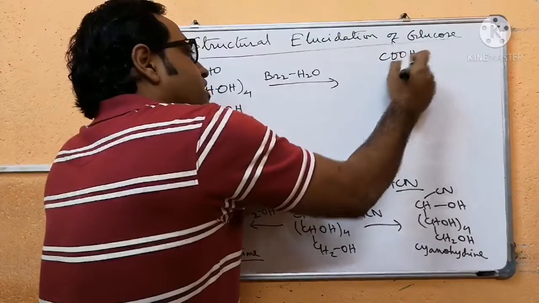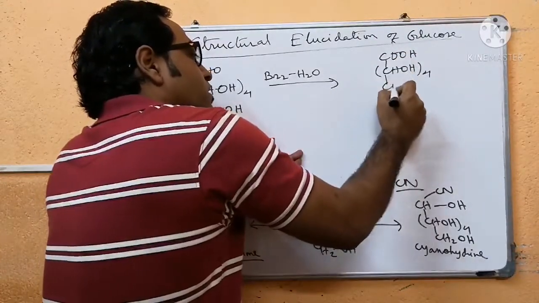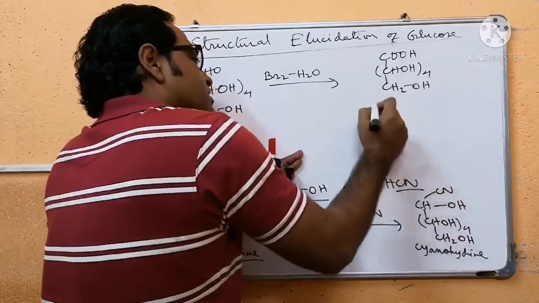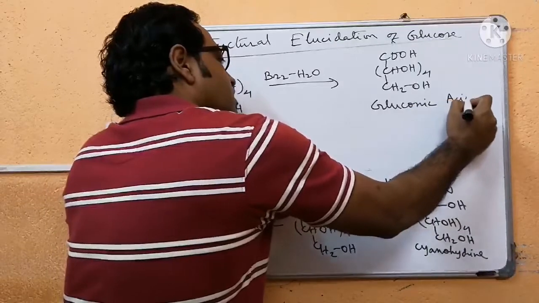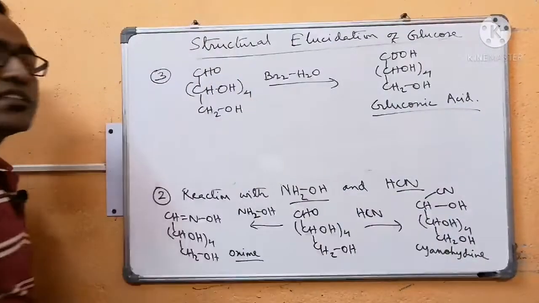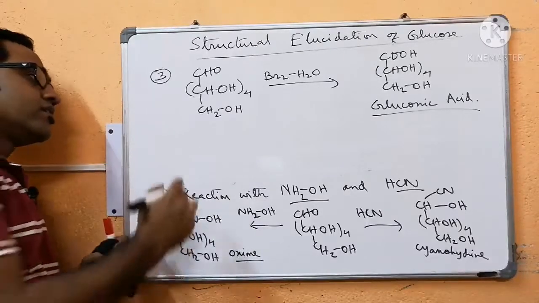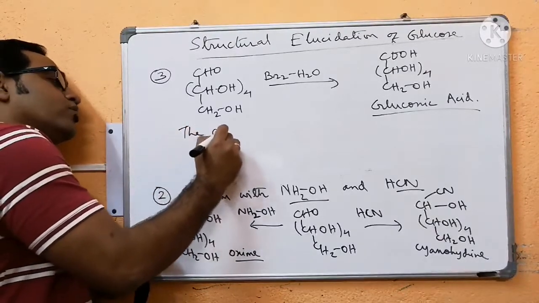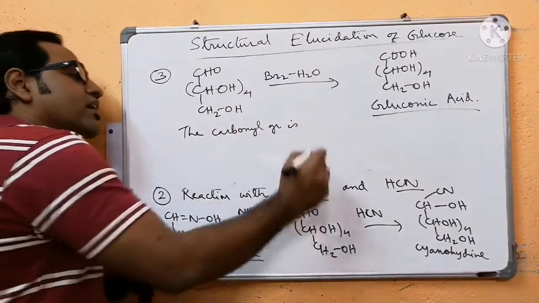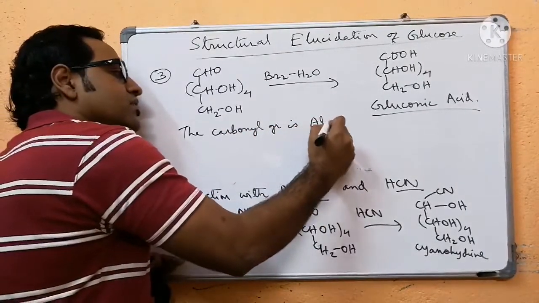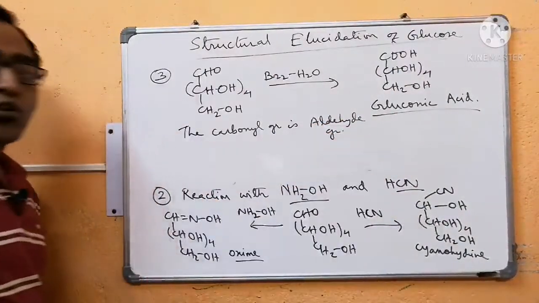So this is converted into CHOH whole 4, CH2OH. This is called gluconic acid. And this reaction suggests that the carbonyl group is an aldehyde one. The carbonyl group is aldehyde group, and not ketone.